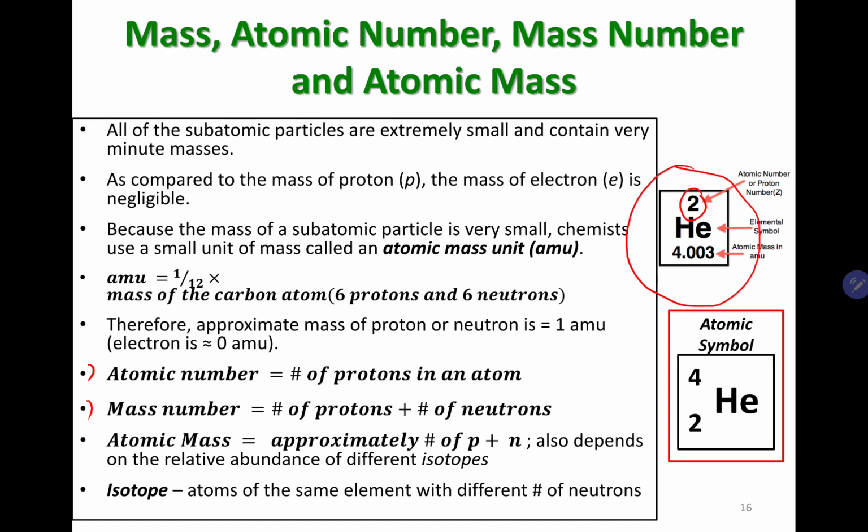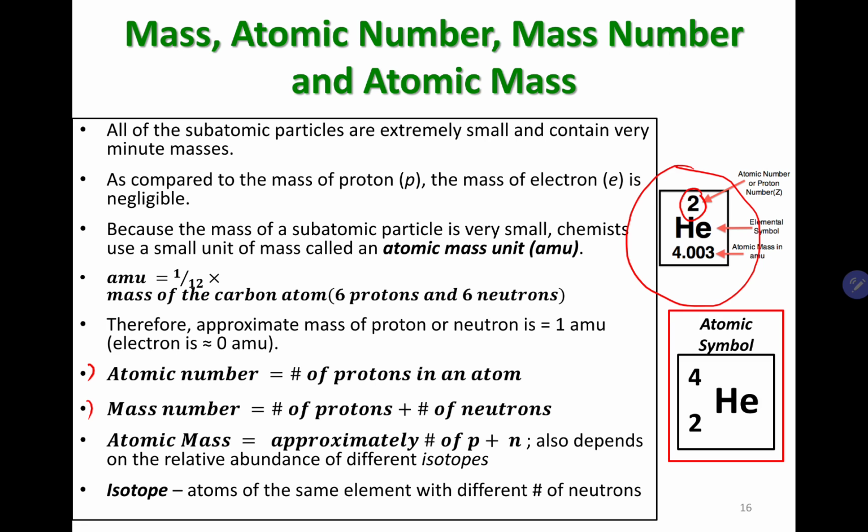This atomic number is equal to the number of protons in an atom. In the periodic table you have many different elements, arranged according to an index number starting from 1 and increasing by 1 when you move from one element to the next. This index number is known as the atomic number.